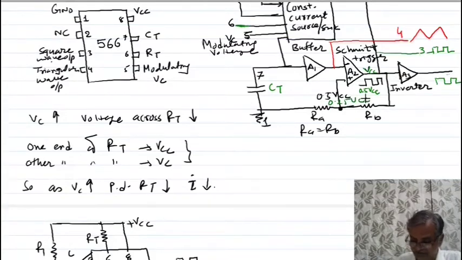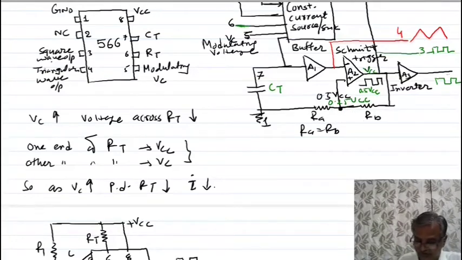I think you understand. Listen again. When the high voltage comes, due to equal resistors, according to the voltage divider equation, when the output is VCC, the voltage at the non-inverting terminal will be 0.5 VCC. When the output is 0.5 VCC, the voltage at the non-inverting terminal will be 0.25 VCC. The reason is that RA and RB are equal.